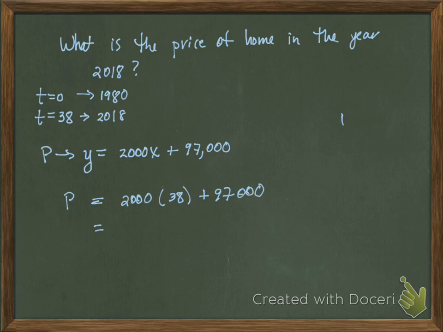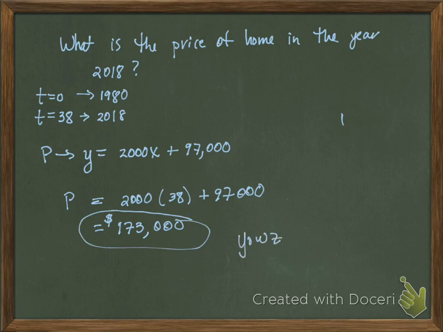Alright, so a quick calculation will tell us, once we multiply the 2,000 times the 38 and add to 97,000, that the price of the home in the year 2018 is $173,000. Yowza.